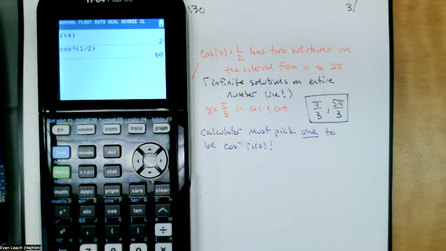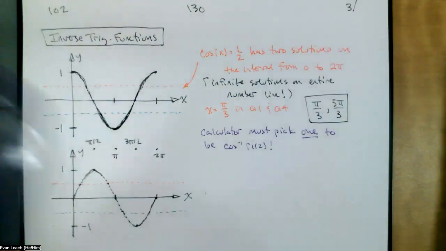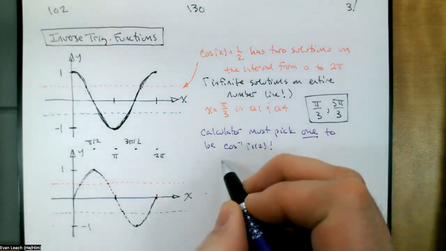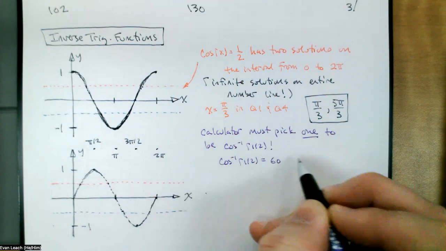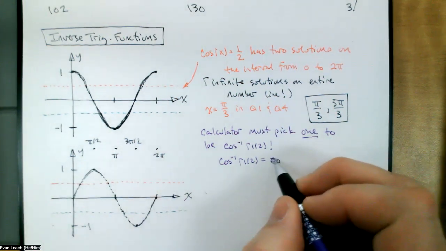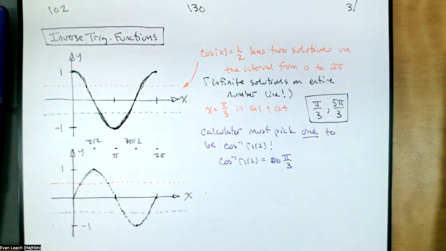It picks the one in quadrant 1, and it relies on you to know that there's another one in quadrant 4.